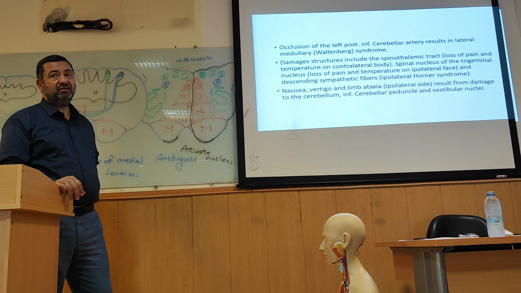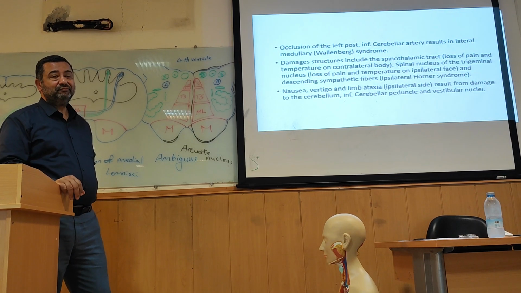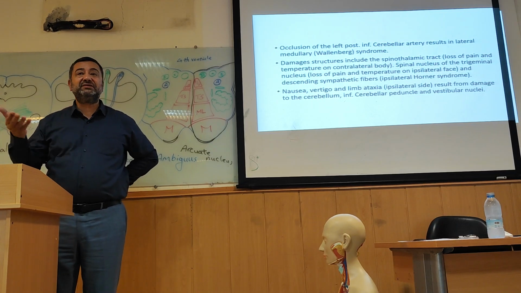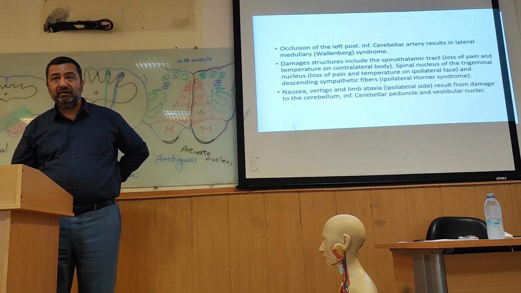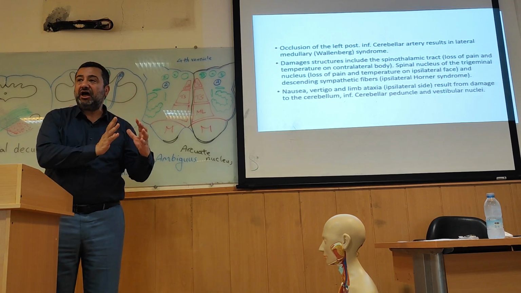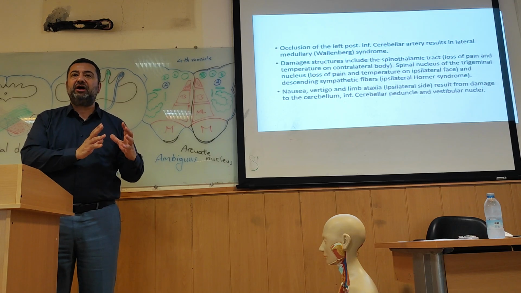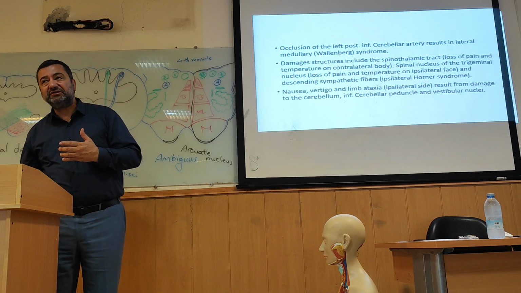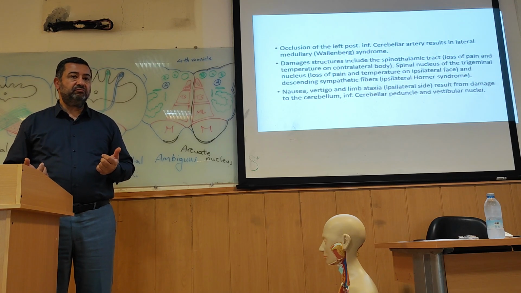Why contralateral? Because the spinothalamic tract has crossing in the spinal cord. Yes. When on the left side there is damage to the spinothalamic tract, the opposite side has loss of pain and temperature.